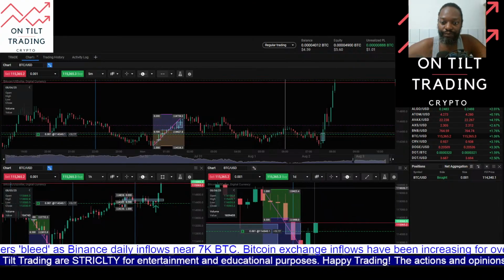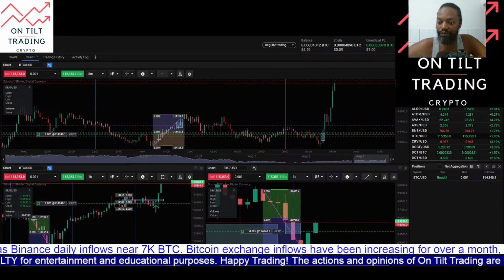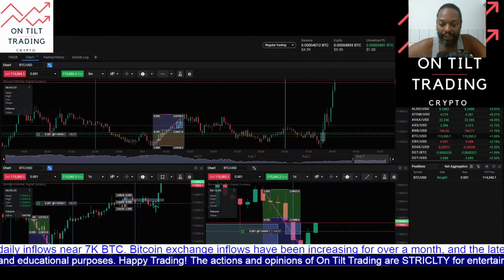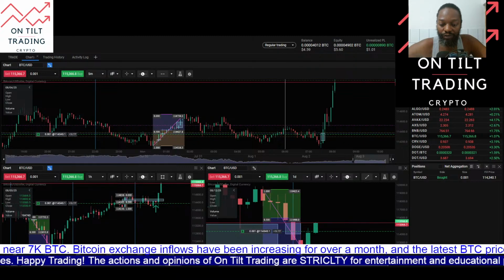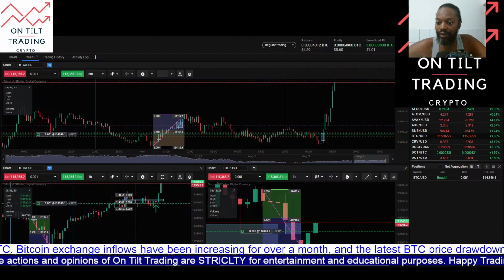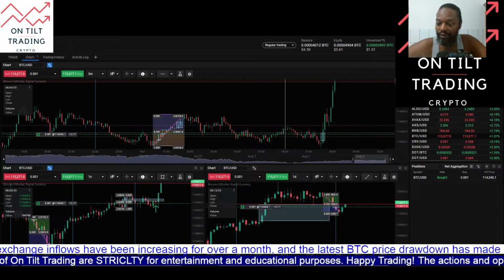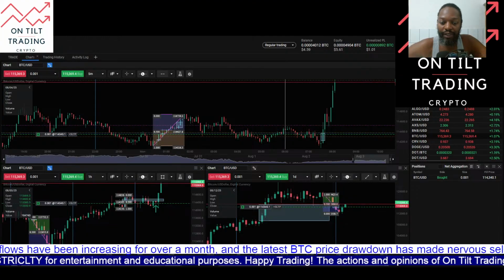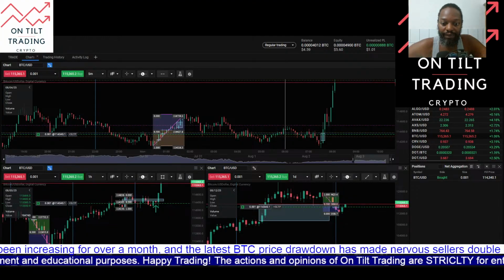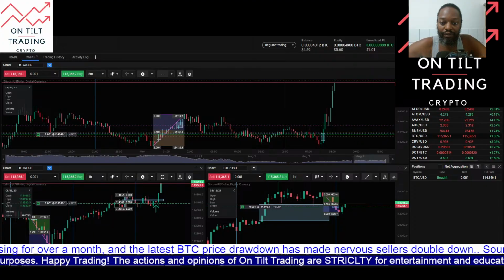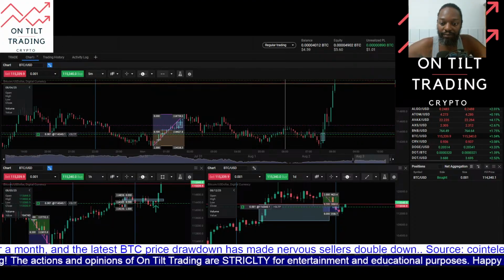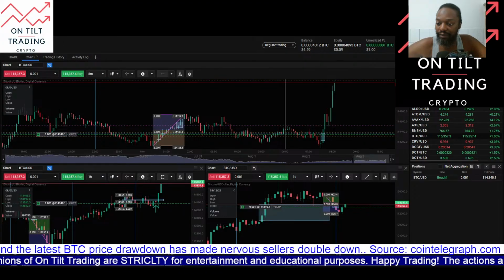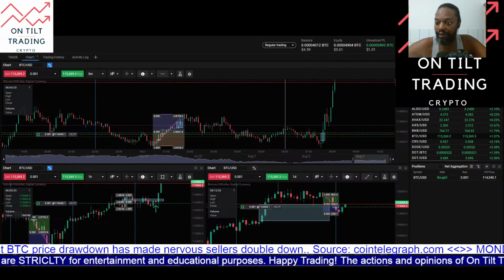But here, as I was mentioning before, here on the daily, there's this fair value gap right here. Also, if we come out, there's a larger fair value gap to the buy side that sent Bitcoin into this consolidation area above it. And now we get some selling delivered here.